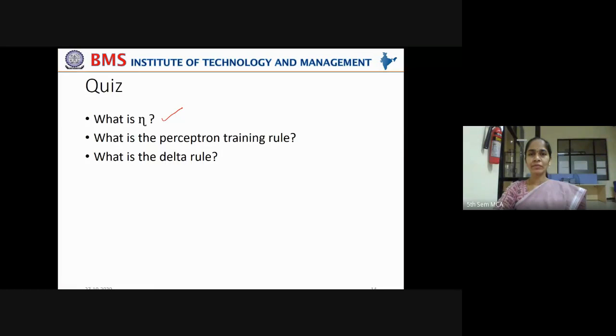What is new? In the perceptron training rule, we have eta times (t minus o) multiplied by the input value xi. What is new in this?